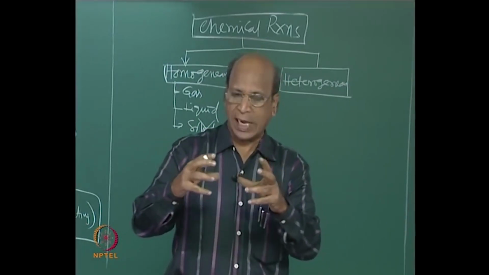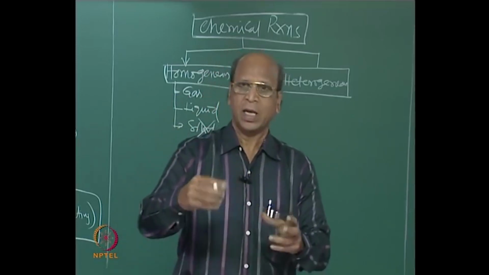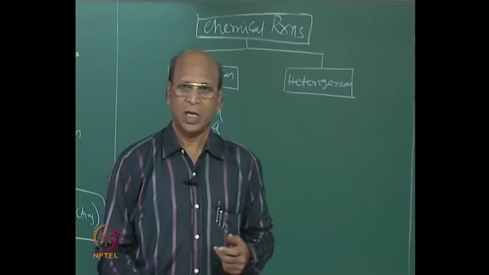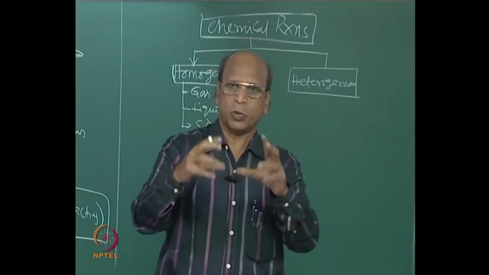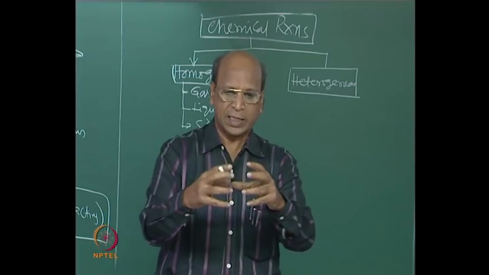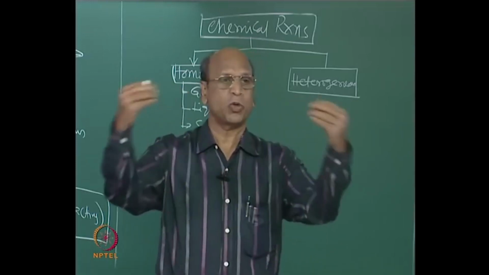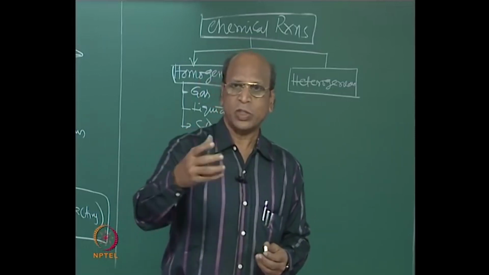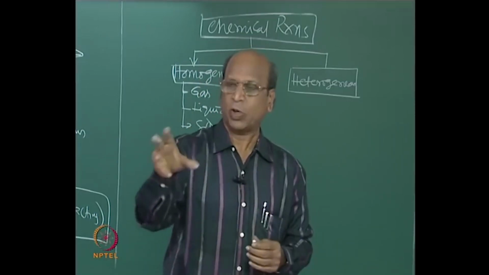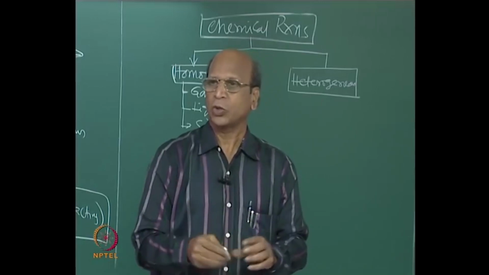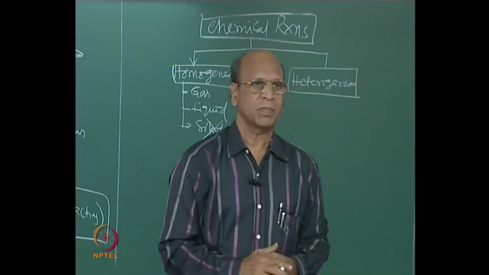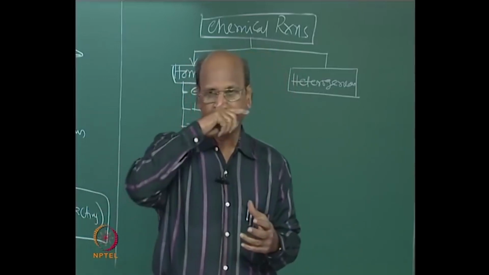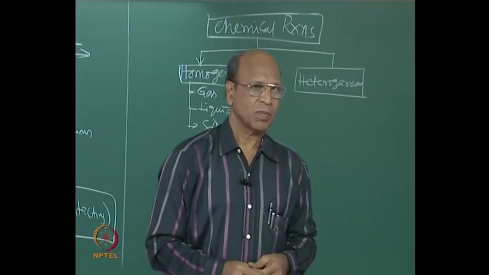Whenever A wants to react with B, B wants to react with A. It is not only that, many times you will have only A decomposing to something else. So all the A molecules should be present there, and when you create the reaction environment, they should be able to react easily. In other words, the molecules of a particular reactant in that phase should be freely available. There is no extra effort required for the reaction to take place, right.